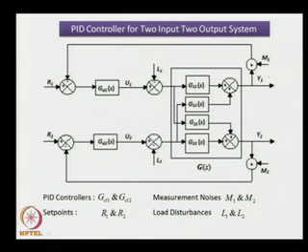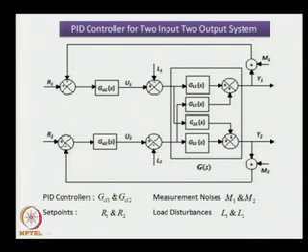That is the only difference we have between the TITO process and a SISO process. So, the MIMO processes have spatial coupling.